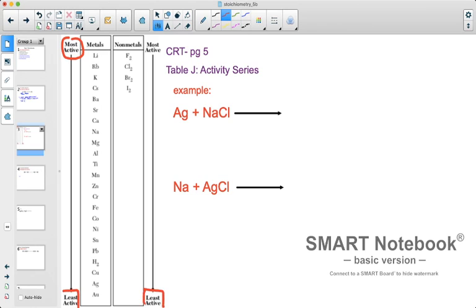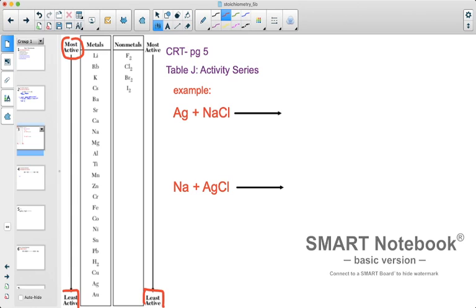Now, here's the very important thing. The single element must be strong enough, or more active, to break up an octet. And if it's not strong enough to break that octet, then the reaction will not occur. So you need a very specific table to determine that.